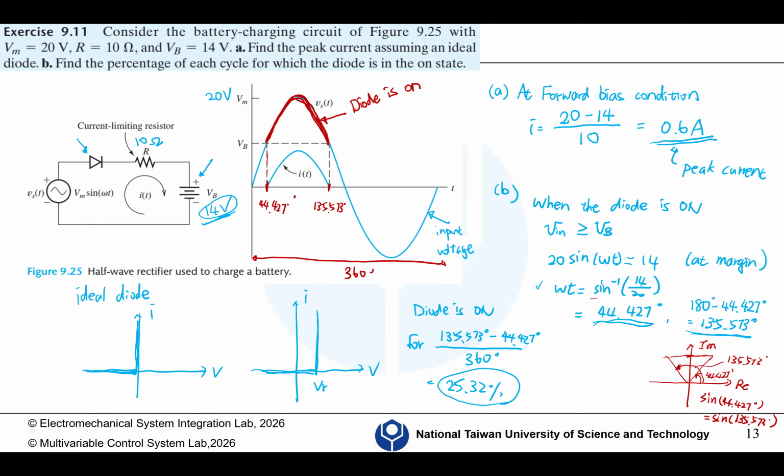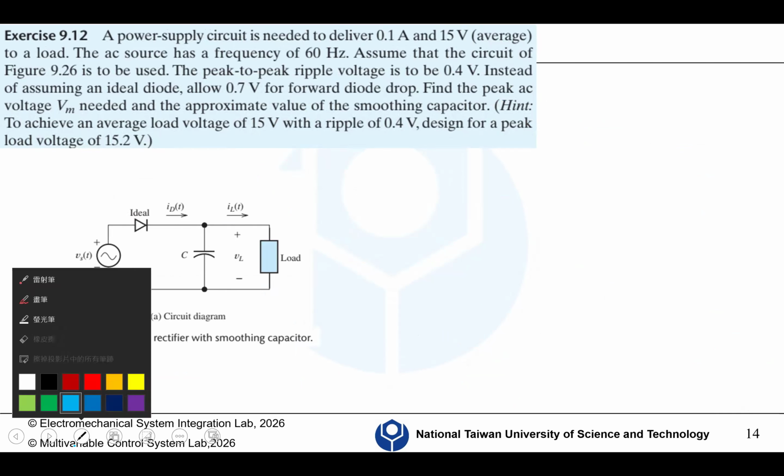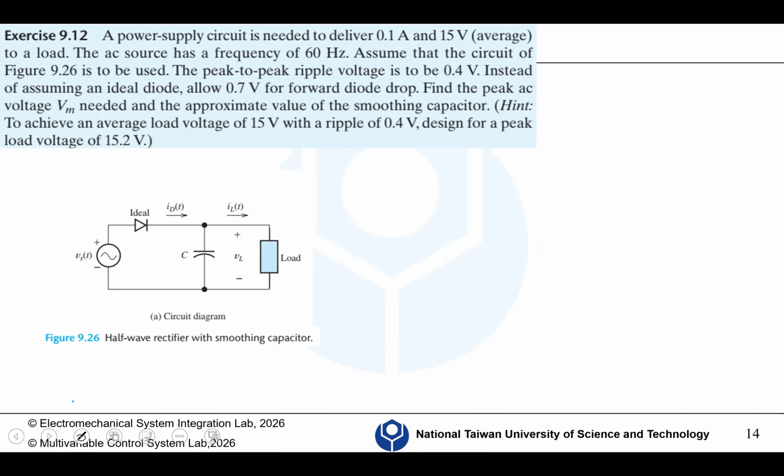Let's look at the next example. A power supply circuit is needed to deliver 0.1 ampere and 15 volts on average to a load. The AC source has a frequency of 60 hertz.